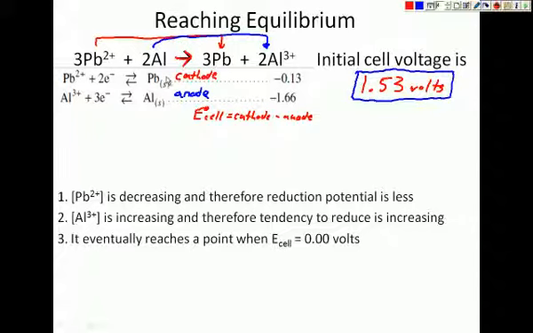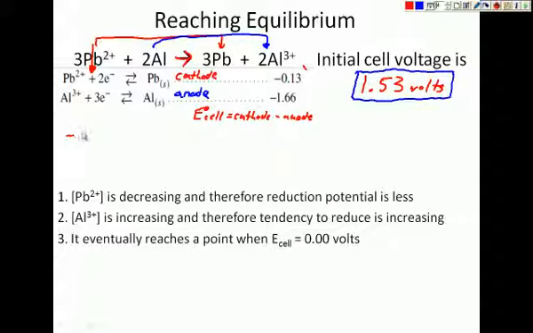It is going forward, and the concentration of Pb is decreasing. As this reaction goes forward, the concentration of Pb starts to decrease. So when the concentration of Pb decreases, this number also starts to decrease.